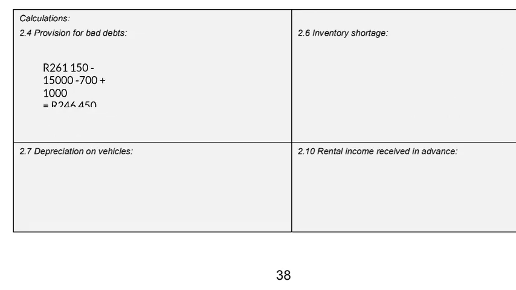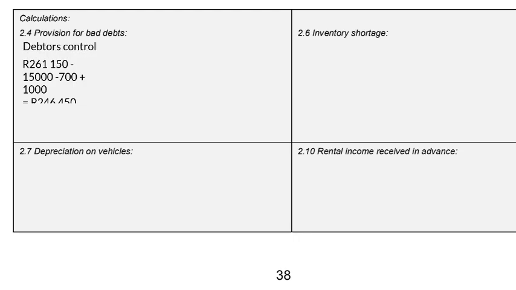To calculate the correct debtors control amount, we take 261,150 Rand, minus the 15,000 Rand of the damaged goods that were returned, minus 700 Rand of the amount that was irrecoverable, and add back 1,000 Rand received from a debtor that was previously written off as irrecoverable.